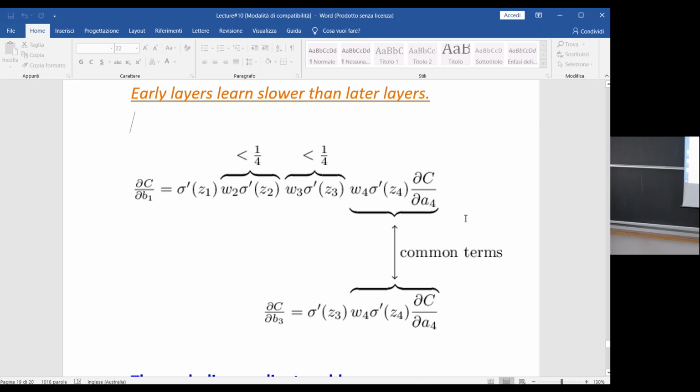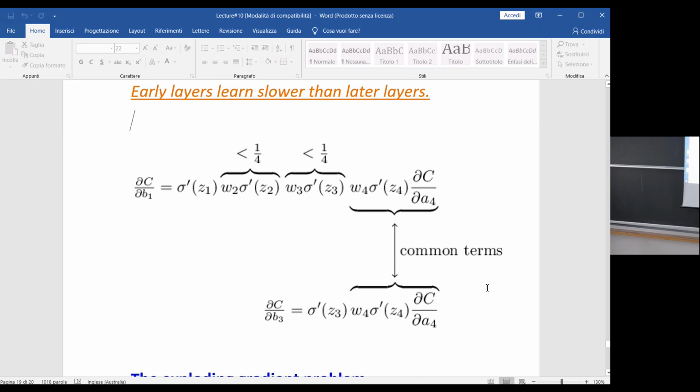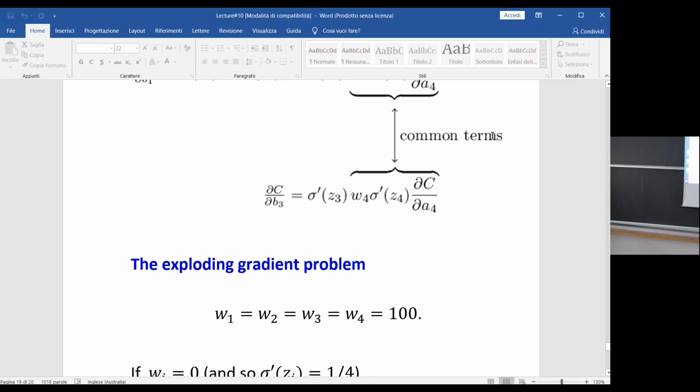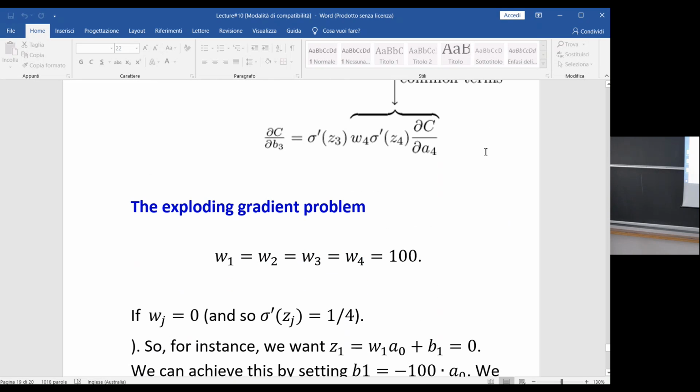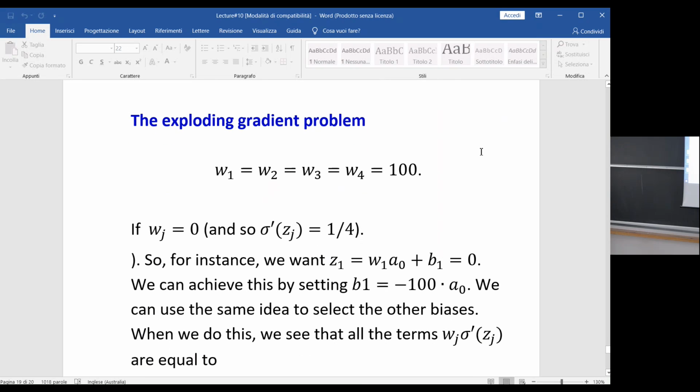We should keep in mind that such a situation can also be followed by the inverse problem, the exploding gradient problem.